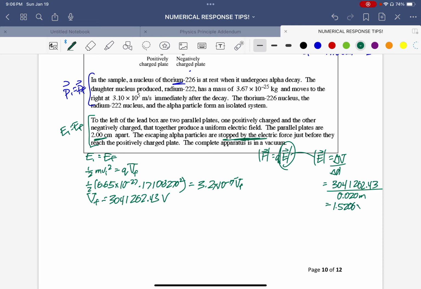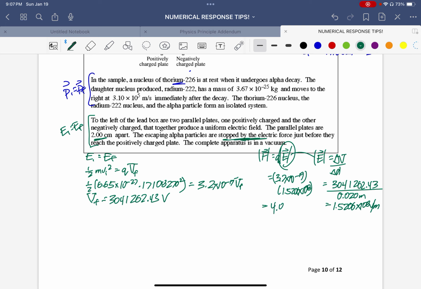That gives me an electric field of 1.5206 times 10 to the 8 volts per meter, which we're going to sub in here to solve for the electric force. 3.2 times 10 to the negative 19 times the field that we just found, 1.5206 times 10 to the 8 meters per second, or sorry, volts per meter.